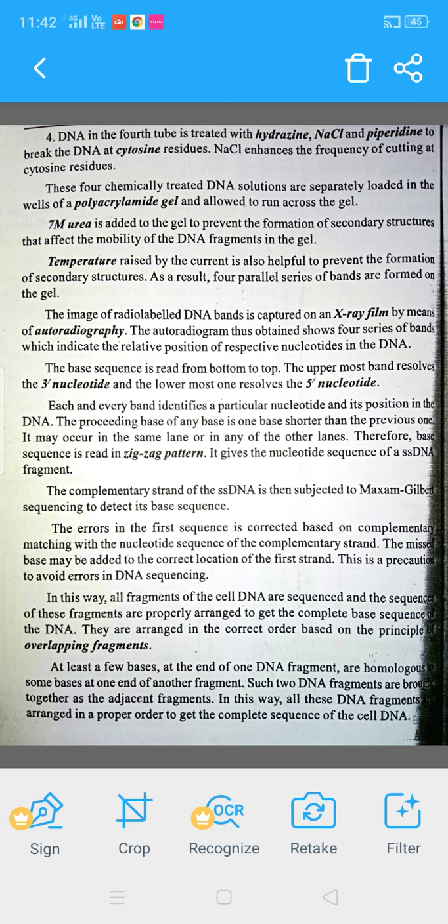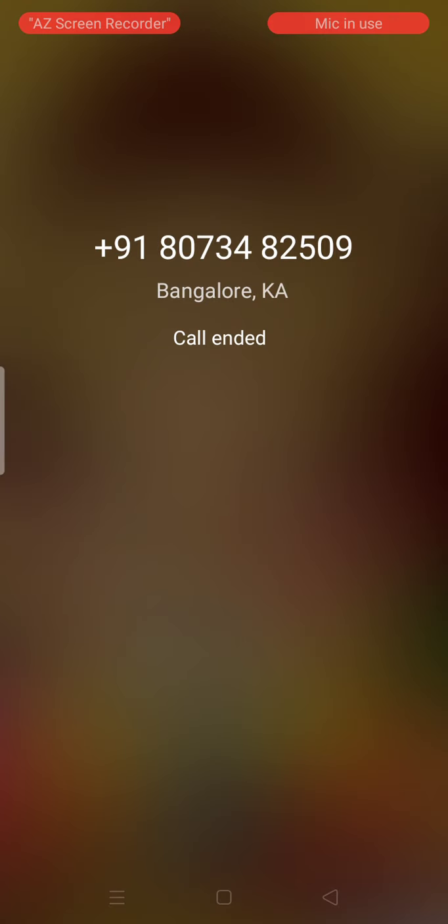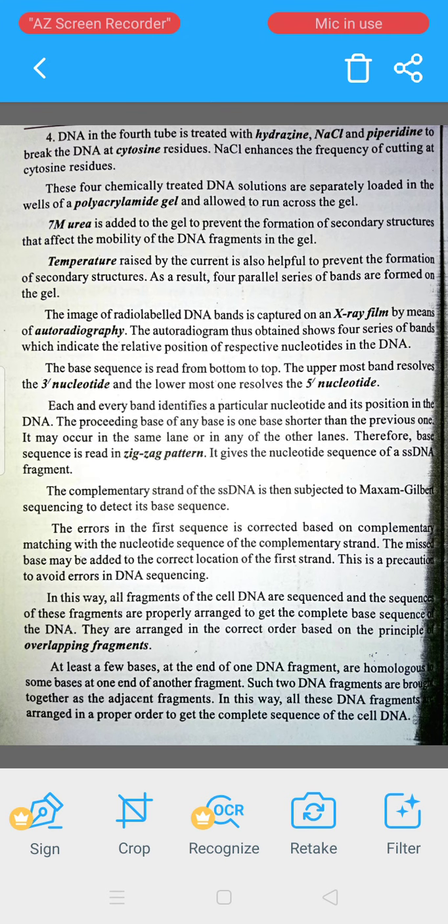Temperature raised by the current is also helpful to prevent the formation of secondary structures. As a result, four parallel series of bands are formed on the gel. The image of radiolabeled DNA bands is captured on an X-ray film by means of autoradiography.